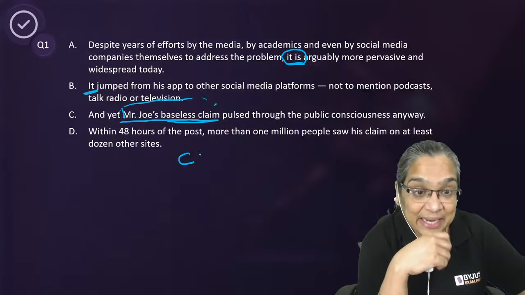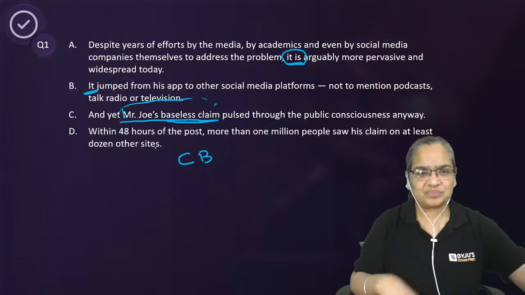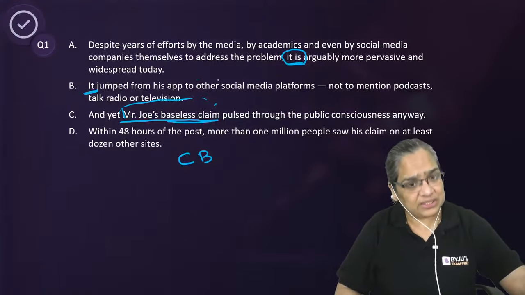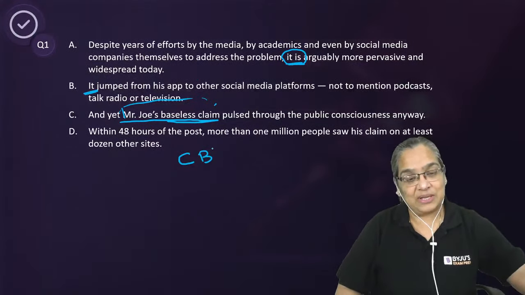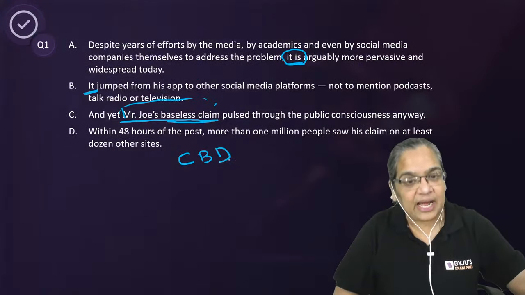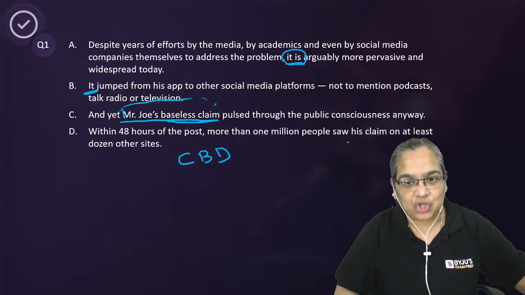Then it jumped from his app to other social media platforms. Within 48 hours, more than 1 million people saw his claim.